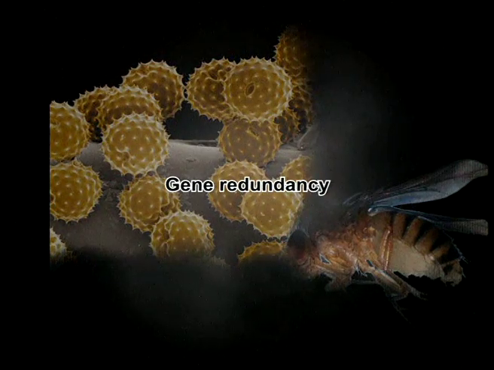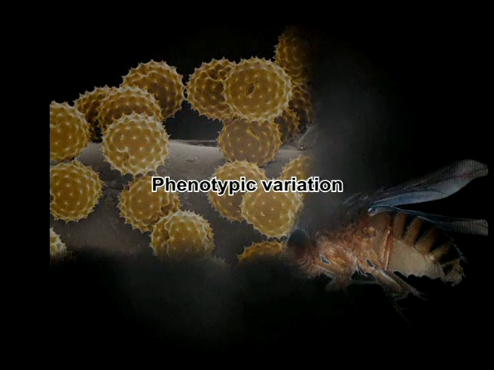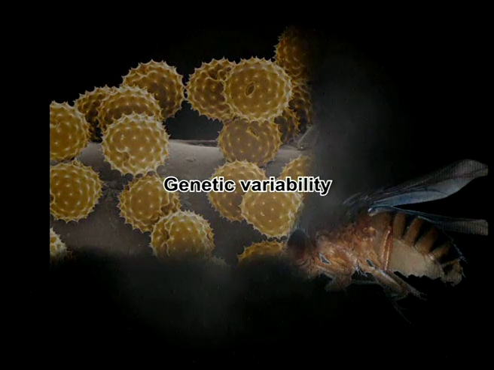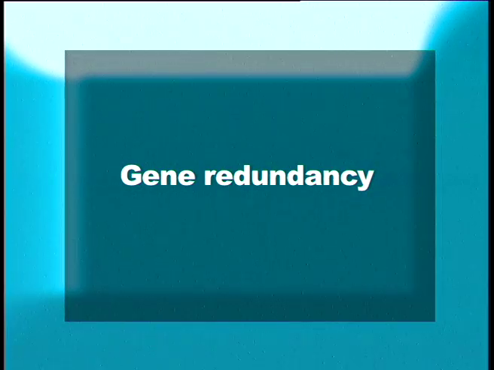The three important genetic consequences of duplications are gene redundancy, phenotypic variation, and genetic variability. Number one, gene redundancy. Although many gene products are not needed in every cell of an organism, other gene products are known to be essential components of all cells.